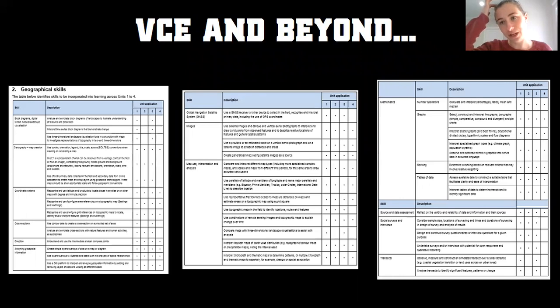When we look at the Victorian curriculum and beyond in terms of VCE geography and the study design, these are all the skills that are accessible by year 12. And it sort of covers around 3 to 4 pages.